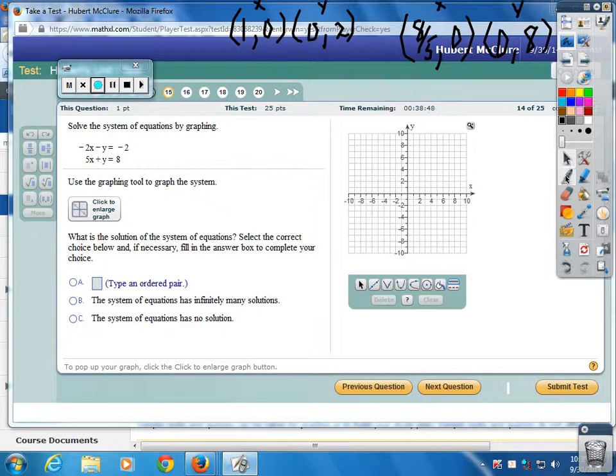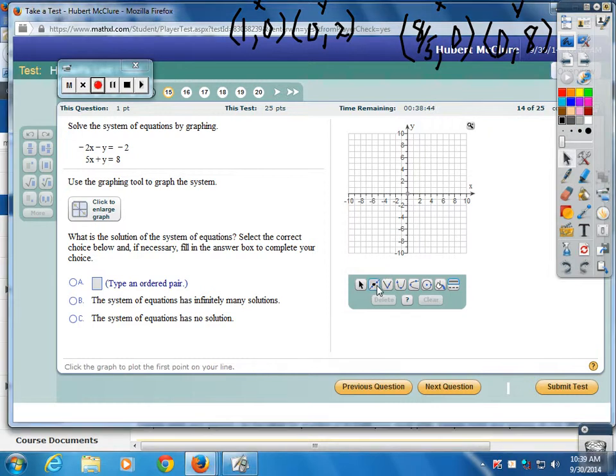My first point is 1, 0. That's right there, right? Did I plot 2 points already? Yeah. First point is 1 and 0, right there.